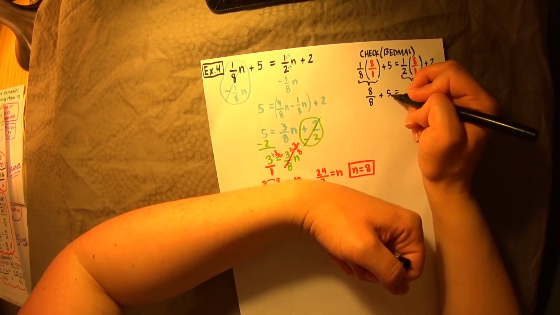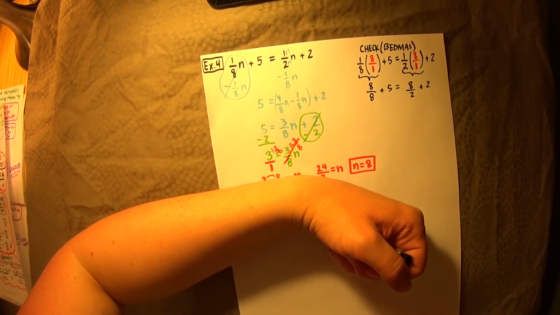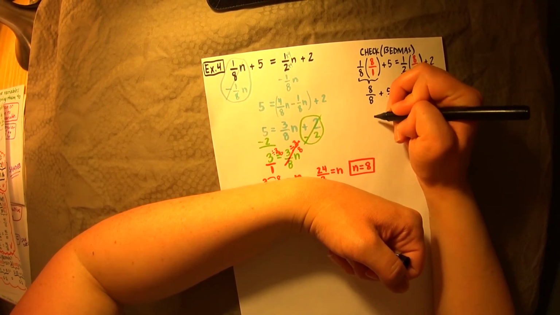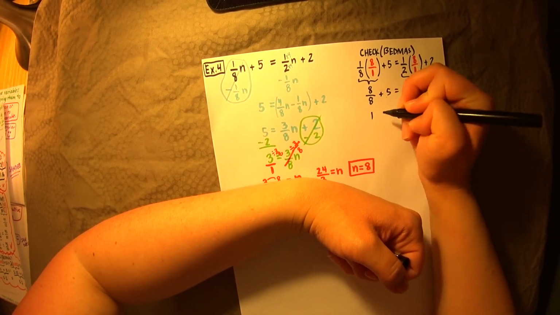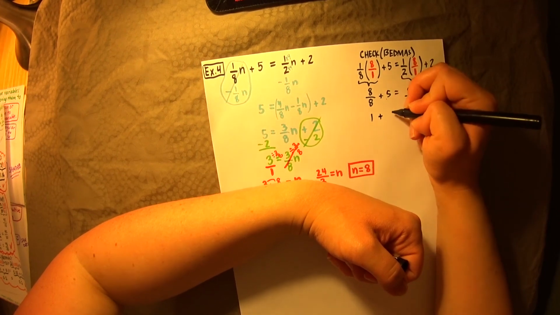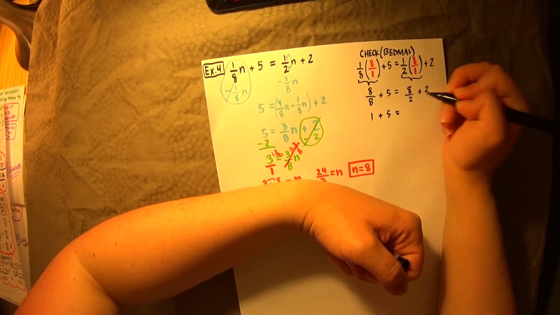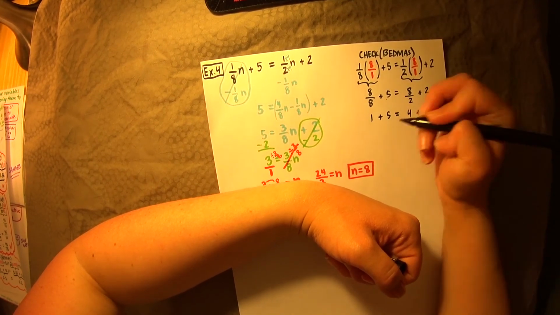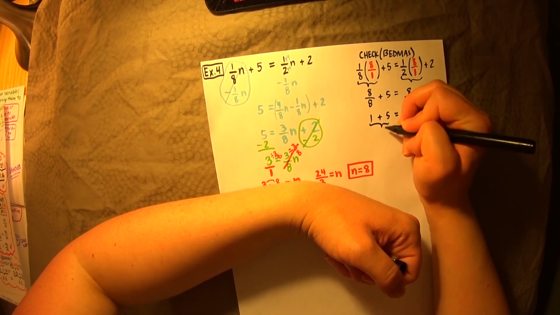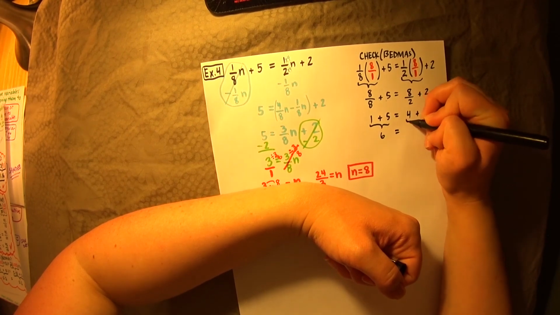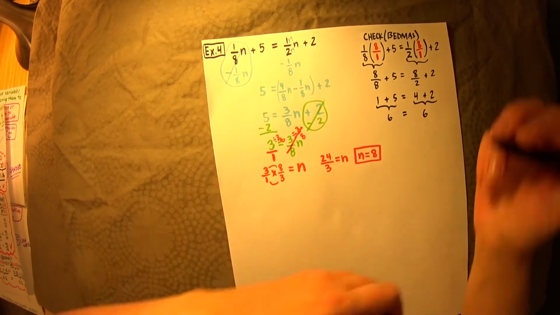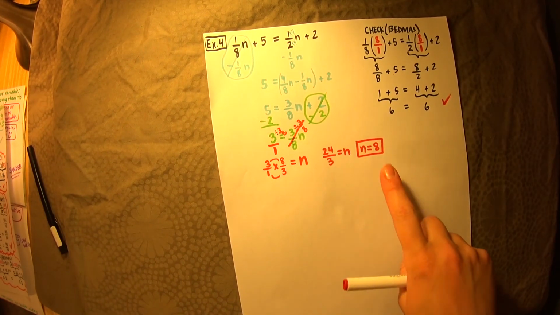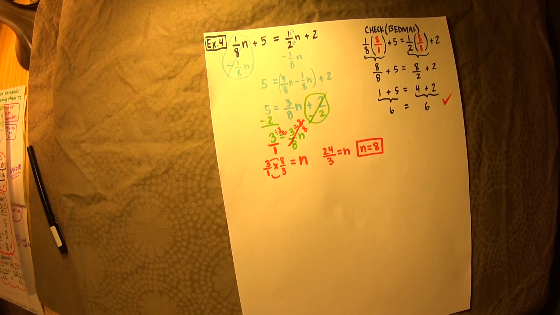So let's just do that so that we don't have to try and make these wholes into equivalent fractions. 8 divided by 8, 1 plus 5. 8 divided by 2, 4 plus 2. 1 plus 5 is 6. 4 plus 2 is 6. Beautiful. Check. And I know for sure that my answer of 8 is correct.